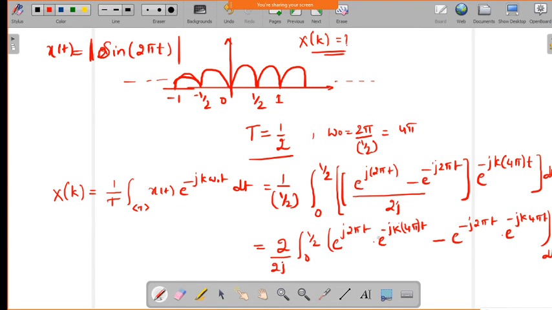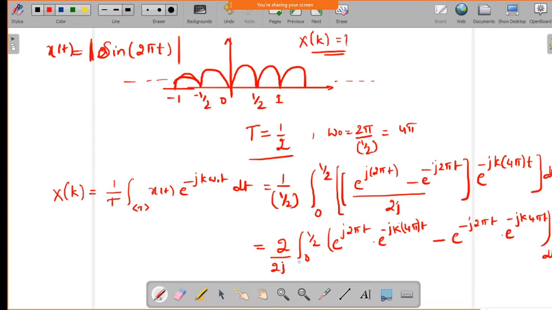Now combine these two terms and try to integrate. Take out the common term: j 2 pi t is common, and it remains as 1 minus 2k. Similarly, take e power minus j 2 pi t common, and it remains as 1 plus 2k.